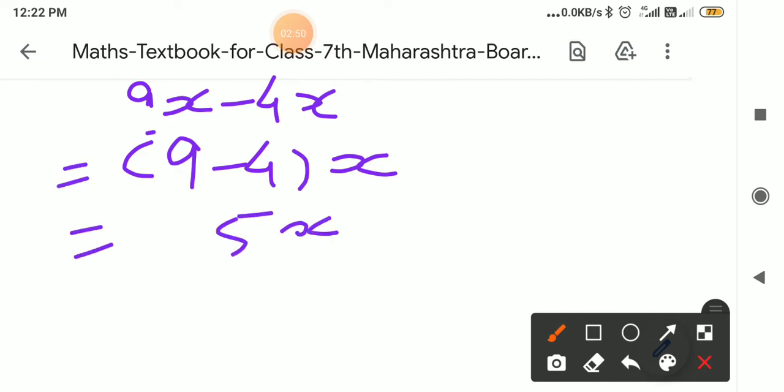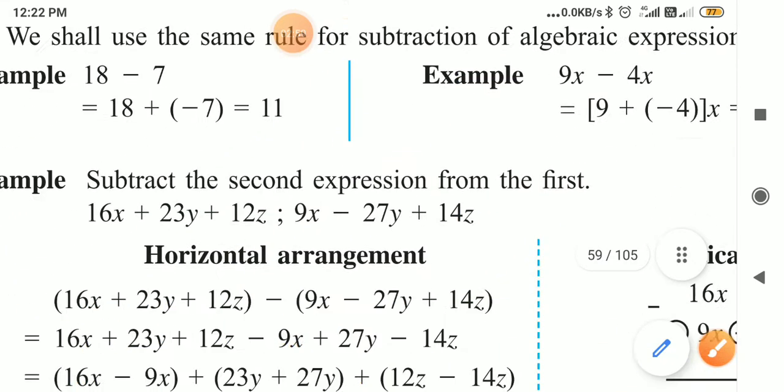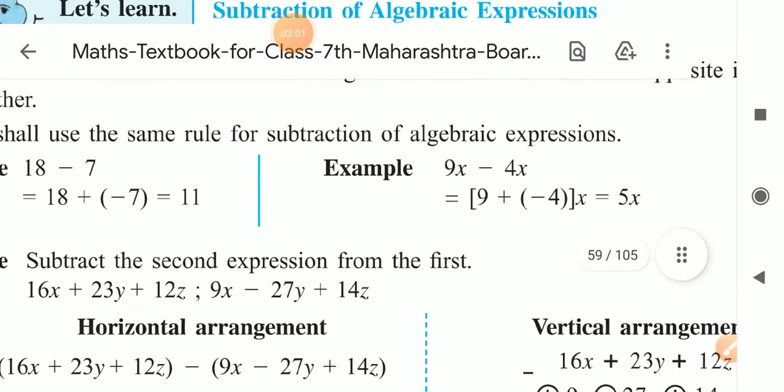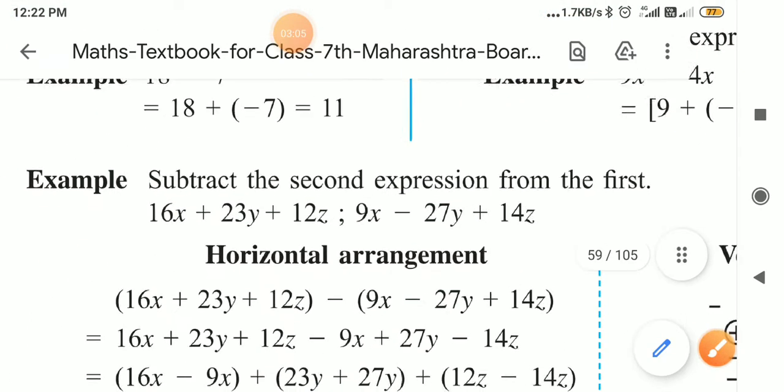So the answer of 9x minus 4x is 5x. In this way we have to solve the example. If it is a monomial, we can do it very easily, but if it is a binomial or a trinomial, at that time we face problems in solving.